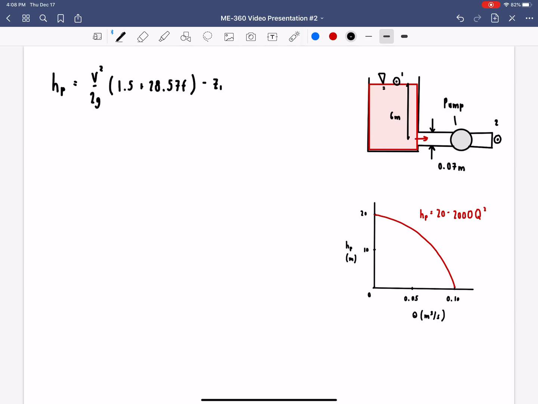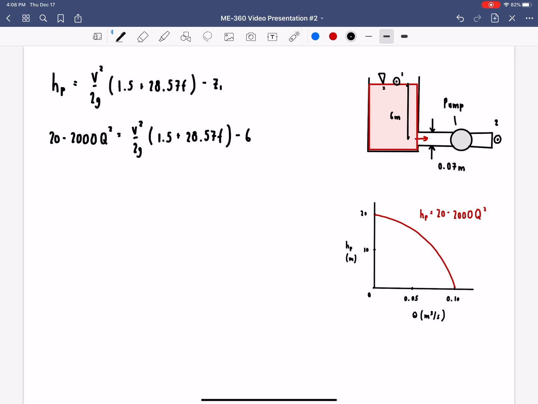So we have 20 minus 2,000 Q squared equal to V squared over 2G times 1.5 plus 28.57 F, minus our Z1, which is 6.